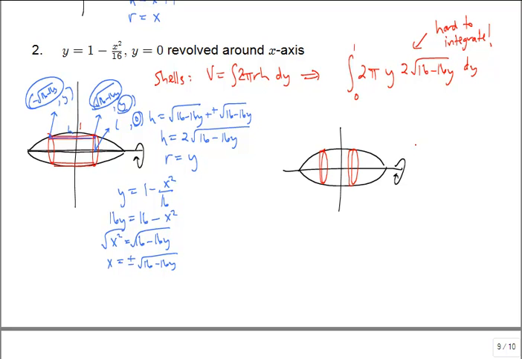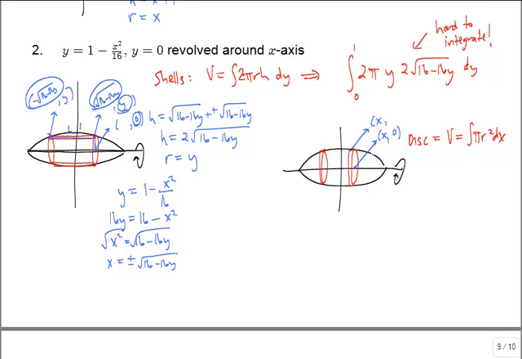So this is a nice disk method, which would mean the volume is just pi r squared, and these disks are vertical, hitting that x-axis, so this would be a dx. So to get the radius, I just need these 2 points, and they share the same x. The bottom point has a y value of 0, and the top point is our curve.